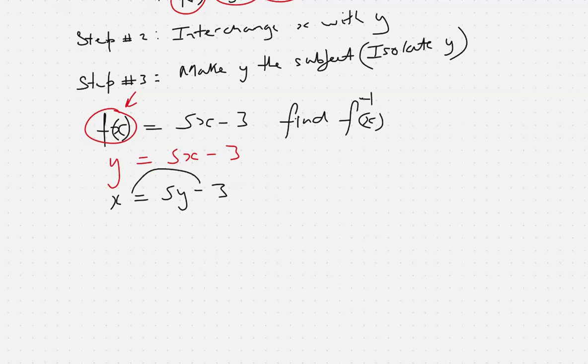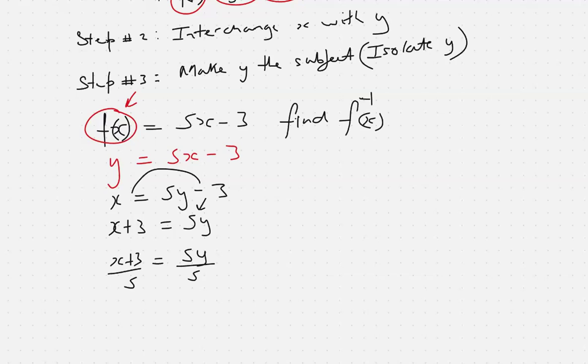Then x plus 3 divided by 5 is equal to 5y divided by 5. Because there's a 5 in front of the y, we divide by the thing that you want to get rid of. That's equal to x plus 3 over 5. Cross out that. Therefore, y is equal to x plus 3 over 5.